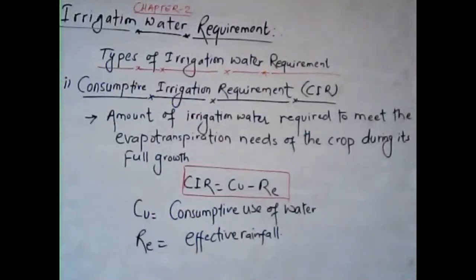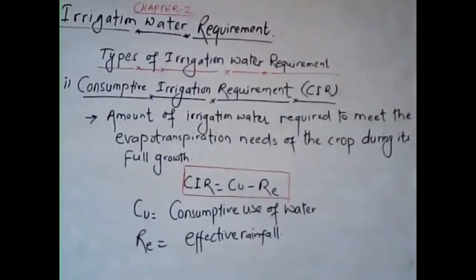Mathematically, consumptive irrigation requirement, CIR, can be found out by CIR equals consumptive use of water, CU, minus RE, which is your effective rainfall. So what is this effective rainfall? Effective rainfall is the rainfall that is actually contributing to the flow. When rainfall occurs, some part of the rainfall is absorbed by the plants, and only after absorbing, the remaining part contributes to the flow.